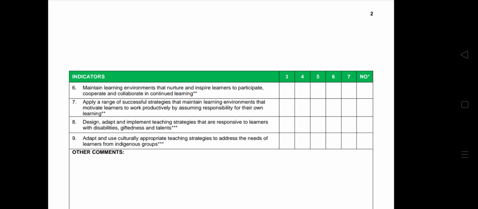Number 6, maintain learning environments that nurture and inspire learners to participate, cooperate, and collaborate in continued learning. Again, the teacher consistently provides varied learning opportunities which are well aligned with the learner's individual or group learning needs and engages learners to participate, cooperate, and collaborate in continued learning.